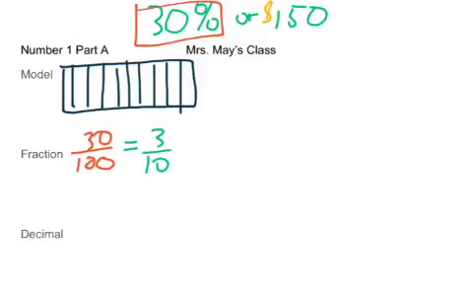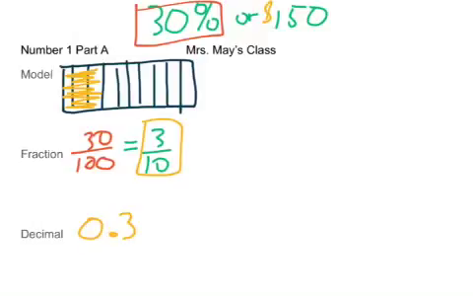I know my sections aren't perfect, but we would shade 3 of the 10 sections, and that's a model of 3/10. And if you just say that fraction 3/10, you are pronouncing the decimal 0.3, with the 3 in the tenths place.